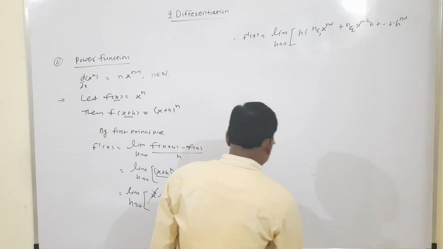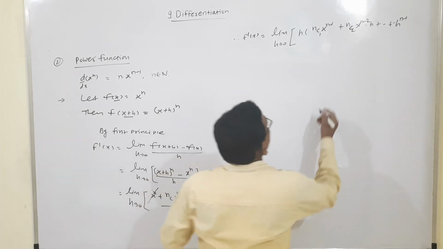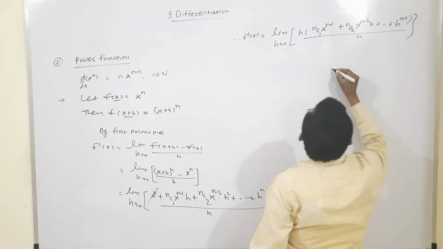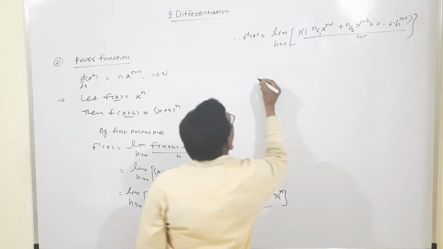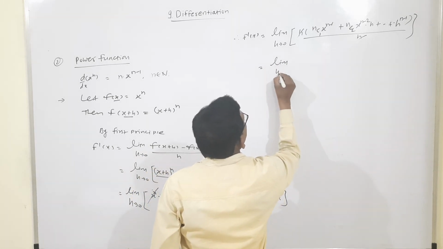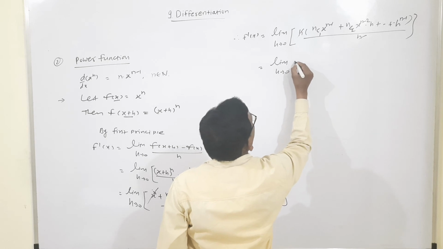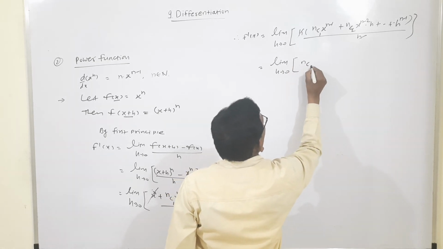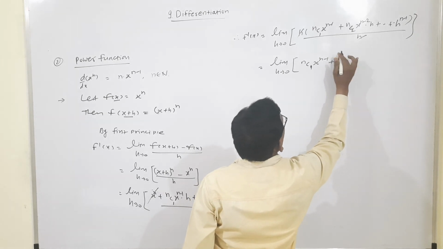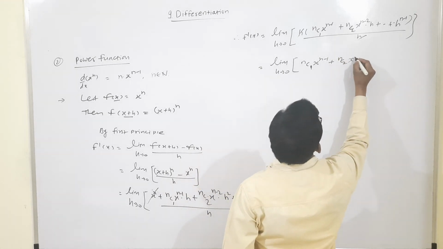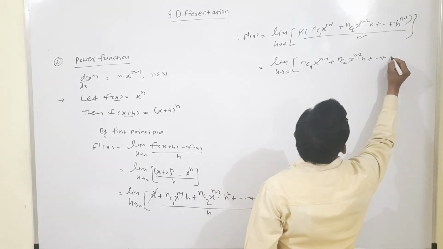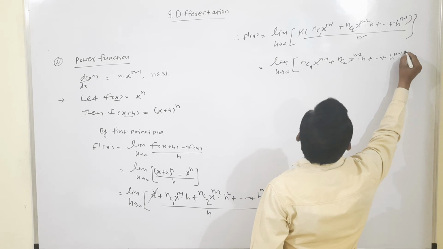Therefore, divided by h, this h gets cancelled, and we apply the limit as h tends to 0 to the remaining terms: n combination 1 x raised to n minus 1 plus n combination 2 x raised to n minus 2 into h plus so on to plus h raised to n minus 1.